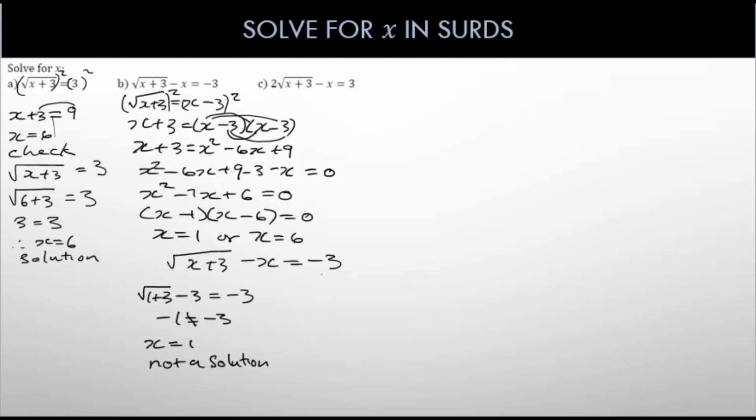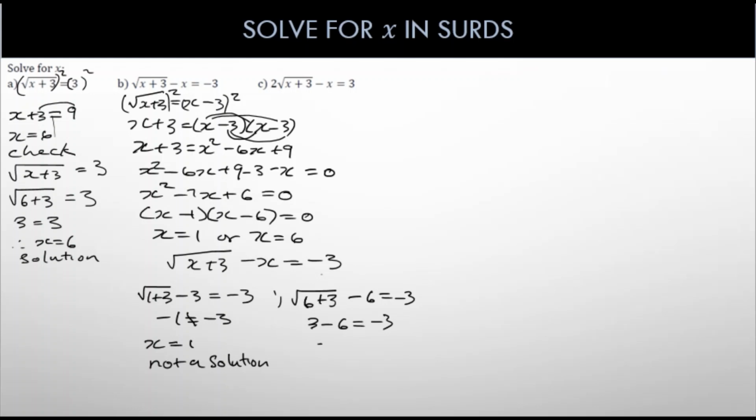And then we try out another one. We try out 6 now. Root of 6 plus 3 minus 6 is equal to negative 3. So 6 plus 3 is 9, and then the root of 9 is 3, minus 6.